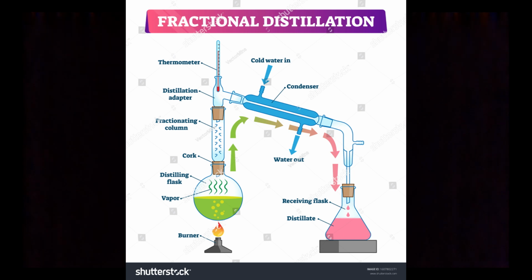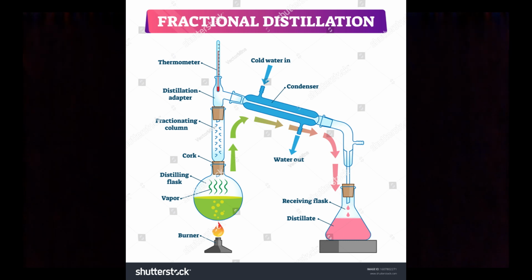Now, suppose the vapors of the two liquids which are being heated or boiled become equal in composition to the liquid which is being boiled, then what will happen? Separation will not become practicable. You cannot separate the liquid then.